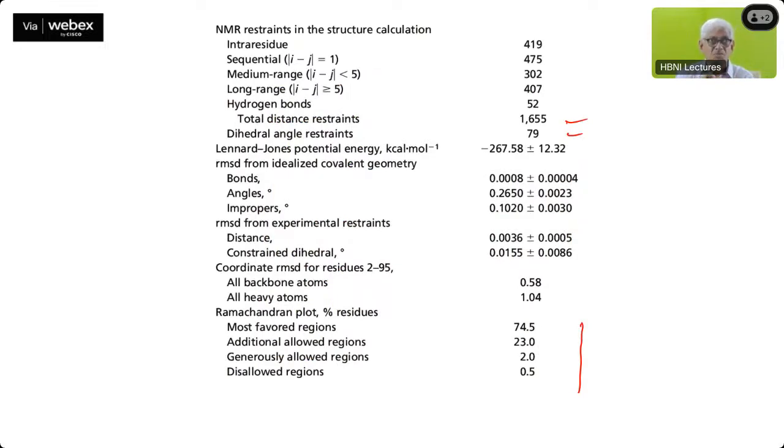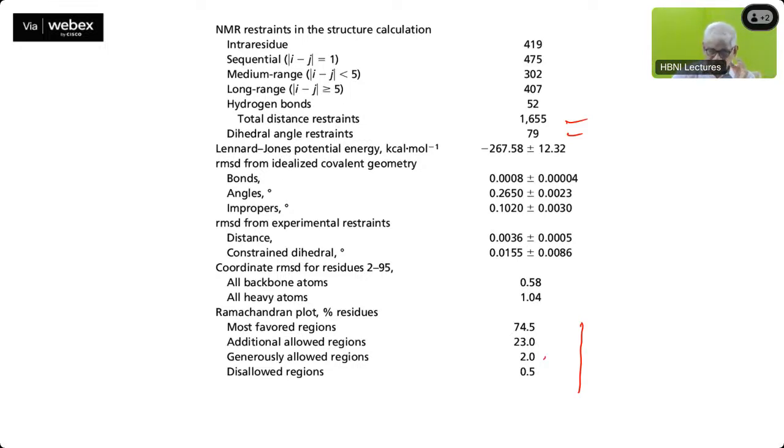The population will be somewhat smaller. So you have 23% of those, and then the generously allowed regions. The disallowed region is very, very small. You see only 0.5% are in the disallowed region. What that means is that this is a good structure, acceptable from the structural validity point of view.